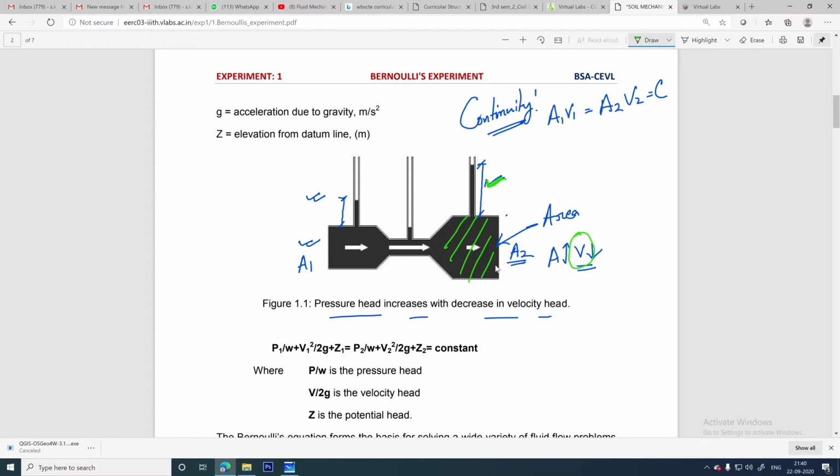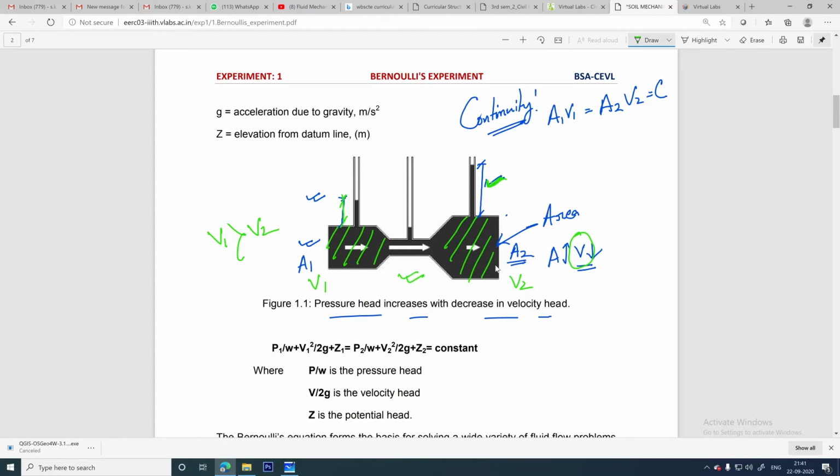Here the area is less compared to this portion, that is A2. So if the area is lesser, the velocity is higher compared to this one. If we have velocity V2 here and V1 here, then V1 is greater than V2. Now if velocity increases, the pressure head decreases. That is what is given here.